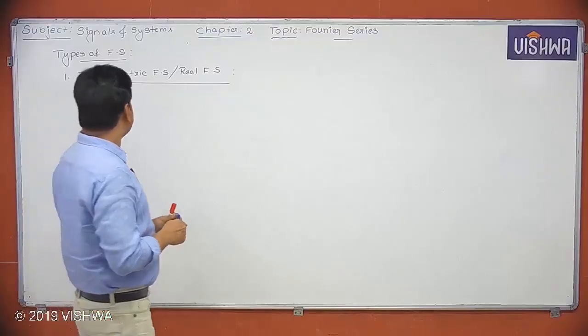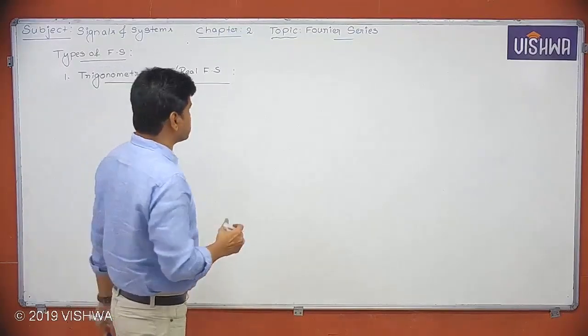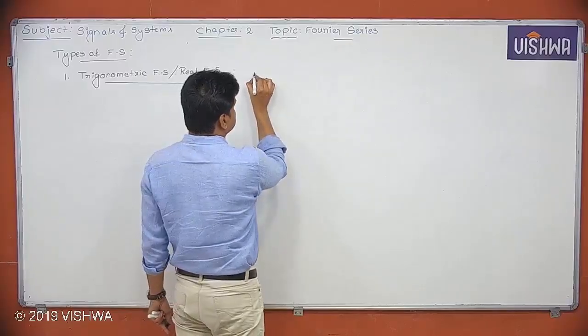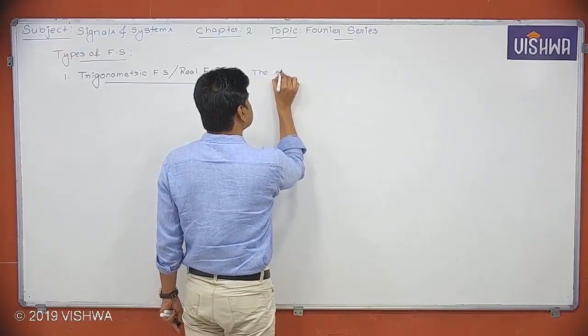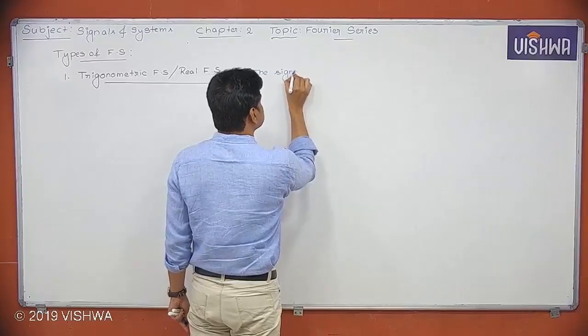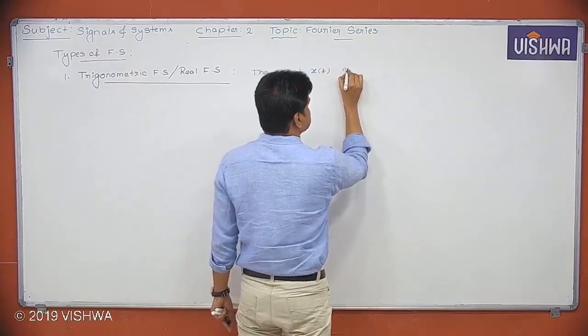To write the trigonometric Fourier series or real Fourier series, the signal x of t must be a real signal.